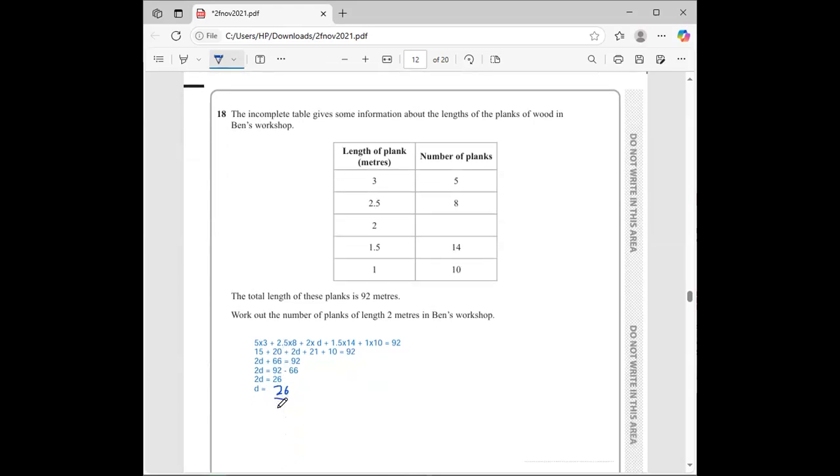And 26 divided by 2 will give me what? 13. That's 13, right? Yep. So that means D is equal to 13. That's the answer.